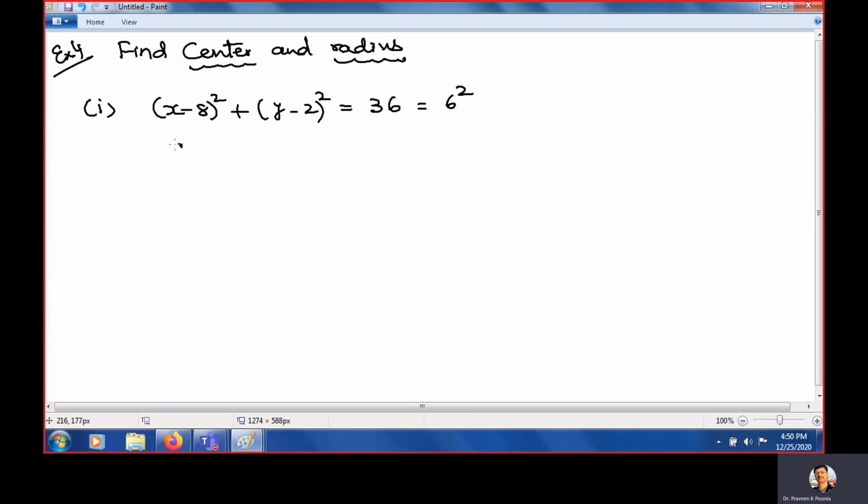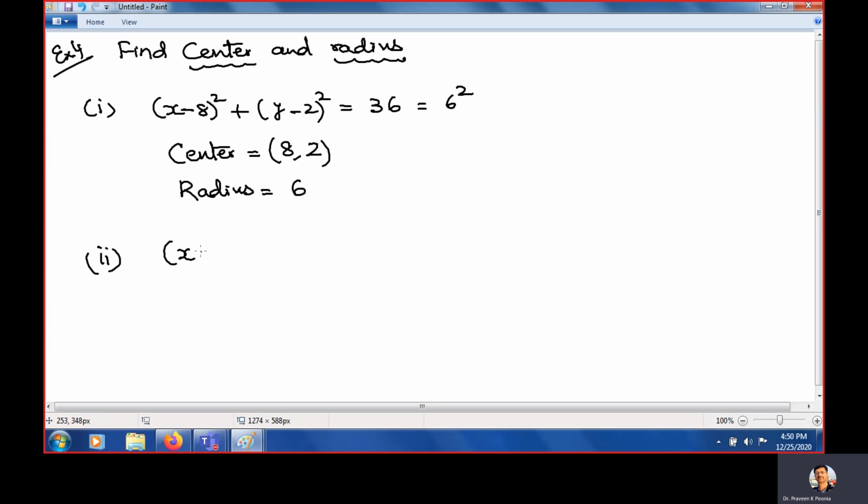So what is the center? Center is, x minus 8, if negative, it is plus value, so 8, 2. And what is the radius? Radius is 6. Clear? So this is how to write question number 1.